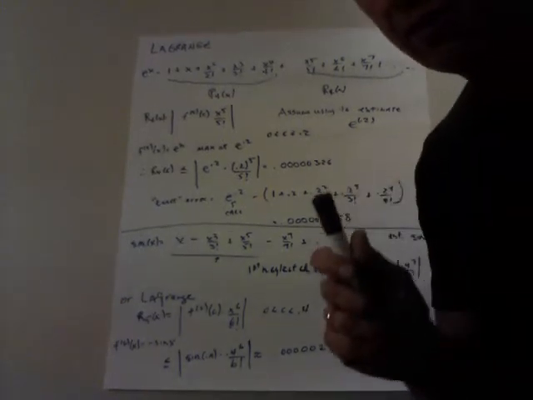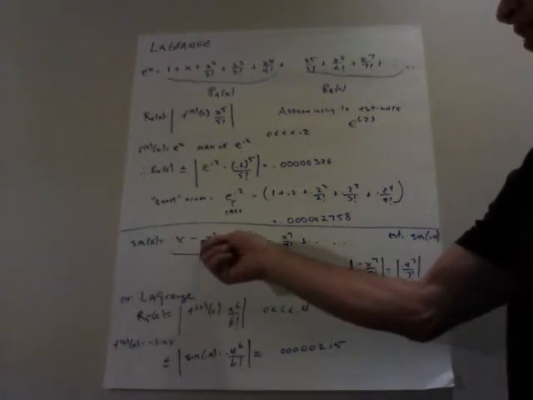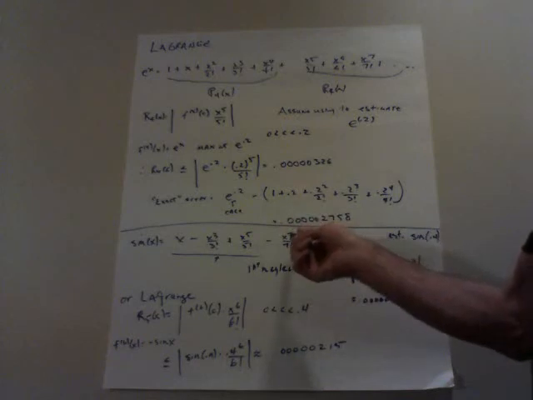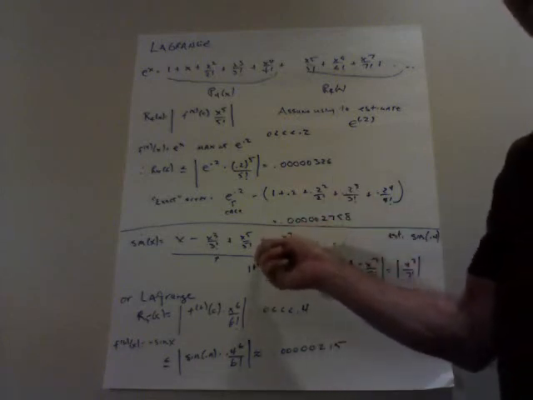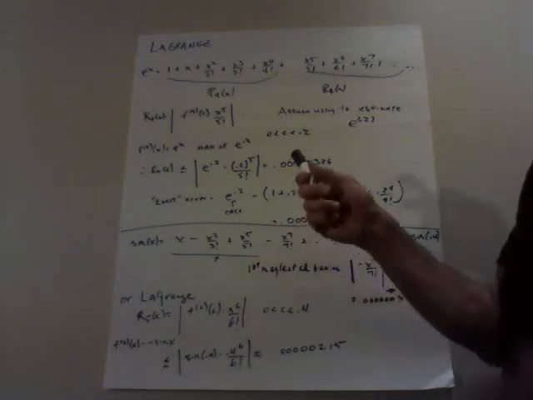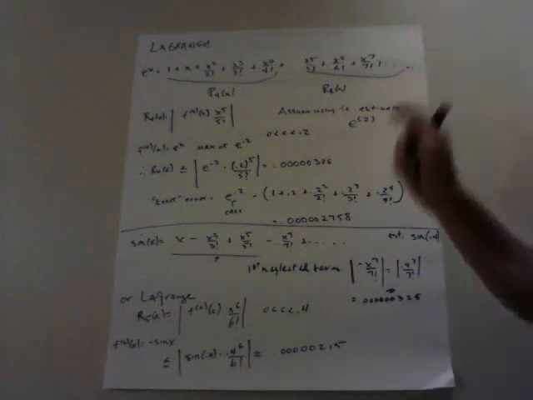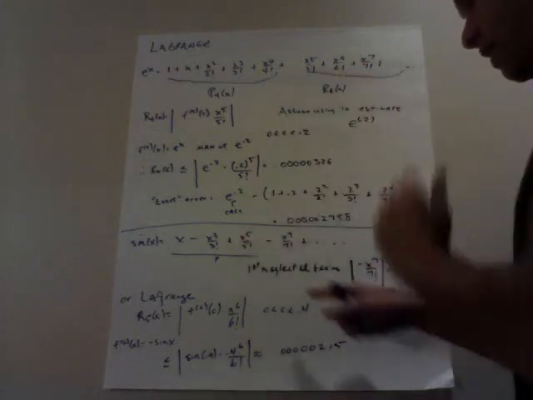But now I want to talk about sine of x is equal to x minus x cubed over 3 factorial plus x to the fifth over 5 factorial minus x to the seventh over 7 factorial. Now this is an alternating series. So if I just say in a problem, give me a good error bound, and I say I'm going to use the first 3 terms to estimate sine of 0.4, then the error is equal to the absolute value of the first neglected term.